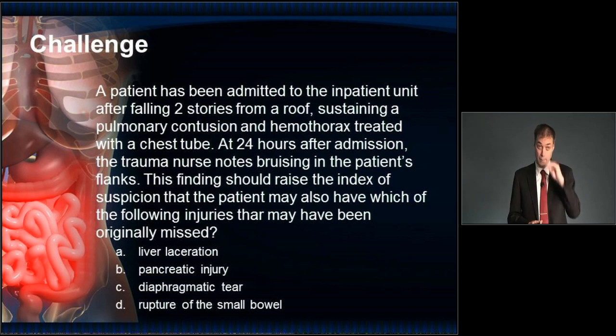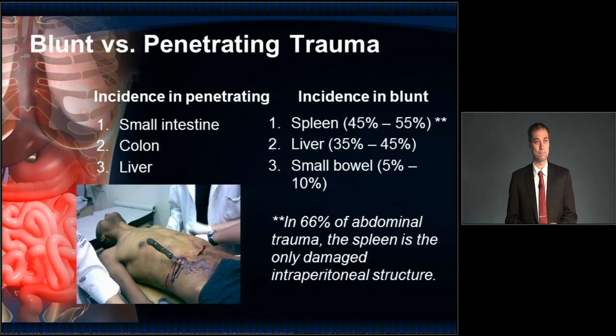This finding should raise the index of suspicion that the patient may also have which of the following injuries that may have been originally missed: A, liver laceration; B, pancreatic injury; C, diaphragmatic tear; or D, rupture of the small bowel. Now we're going to come back to that question when I get through that material, and I'll give you the correct answer at that time.